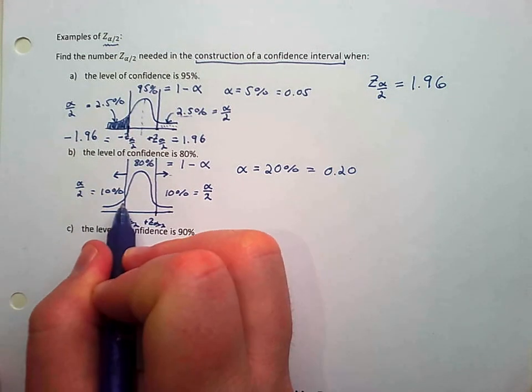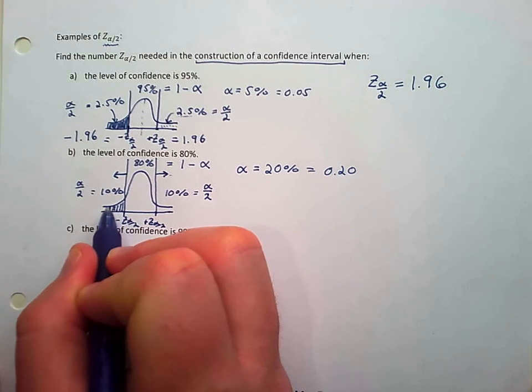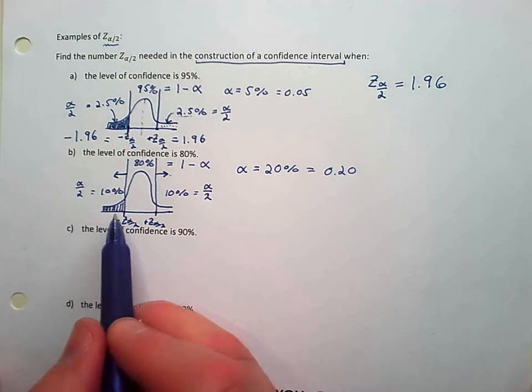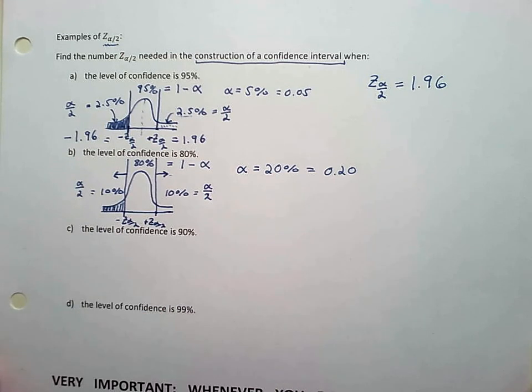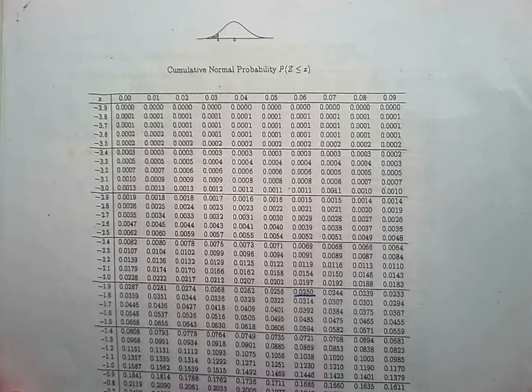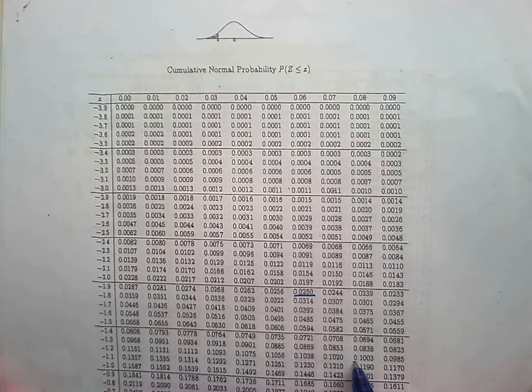So what we're looking for is a z value that corresponds to having 10% in this left tail right here. If we're looking for the z value that has 10% in it, again, we're to the right of the mean, so we're going to go to the back side of our z table. And now we're going to go hunting for 0.10 or 10%. If you go hunting for 0.10, the closest that we can get to is right here, 0.1003.